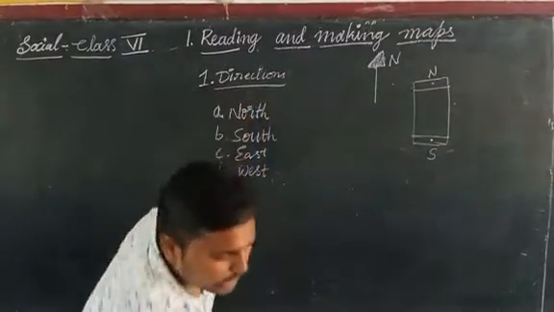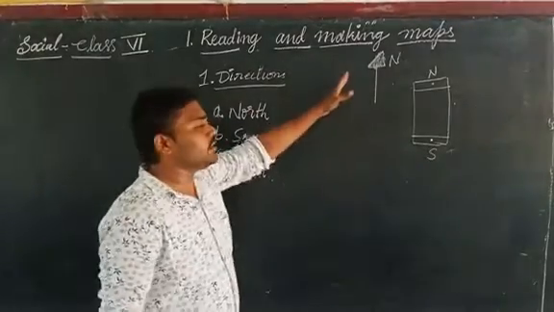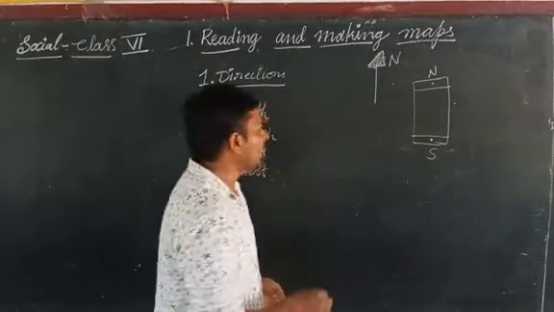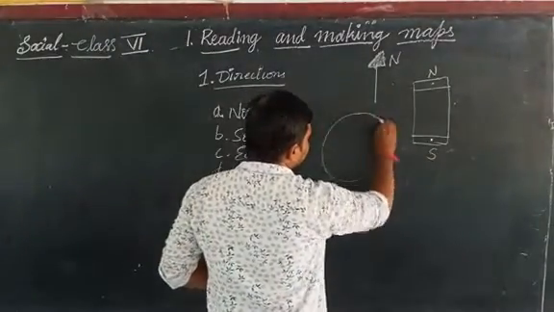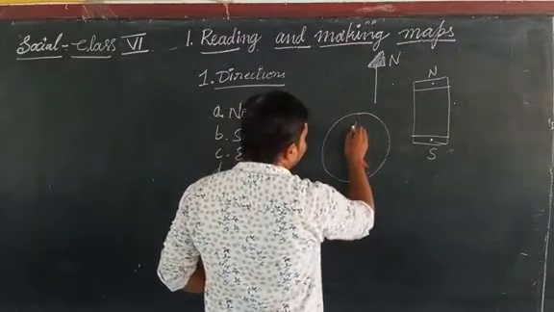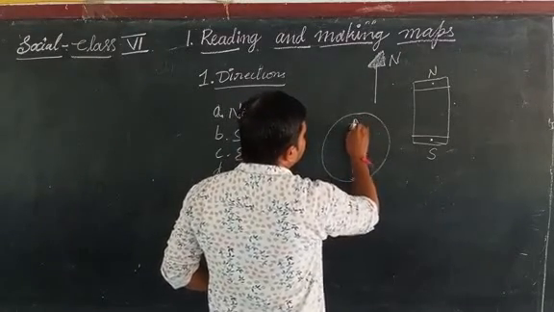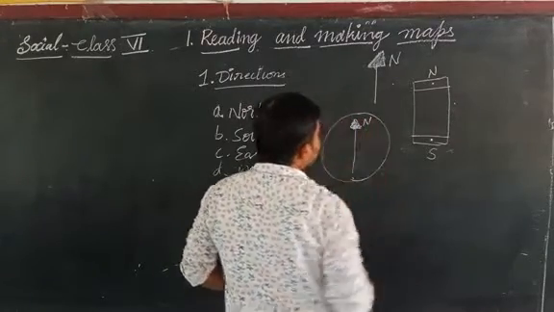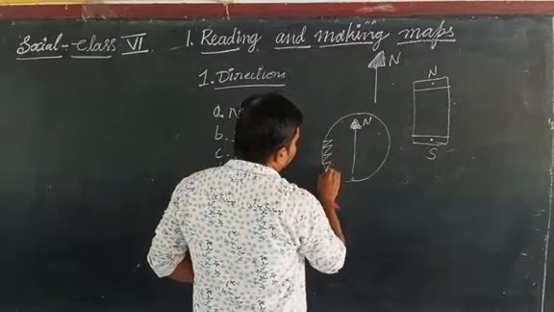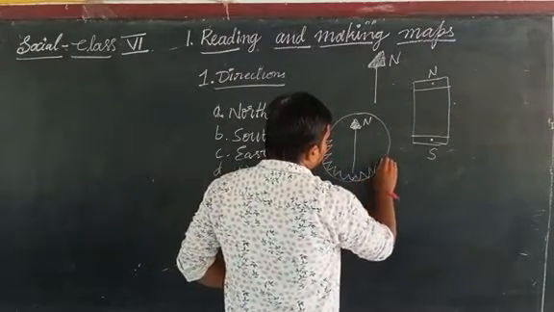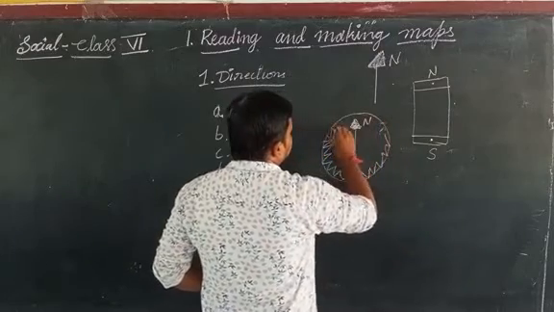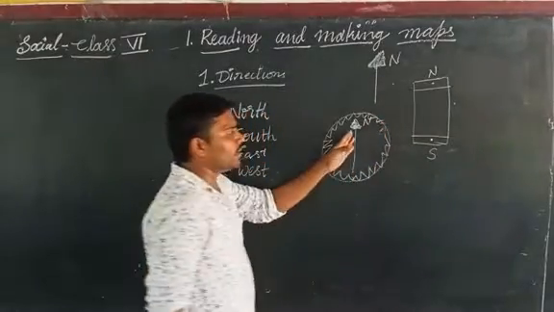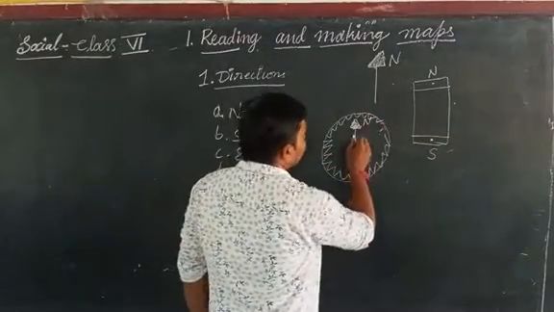all are showing the north side only, because suppose you see the magnetic compass. Do you know the magnetic compass? This is the shape of the magnetic compass. It is always showing the north side of the earth. Why?